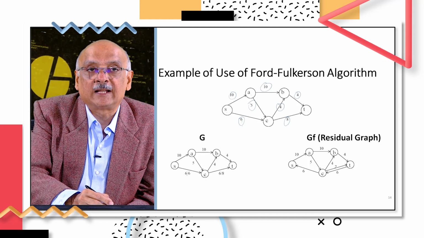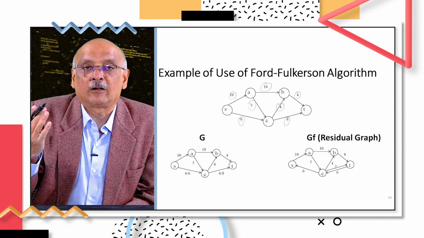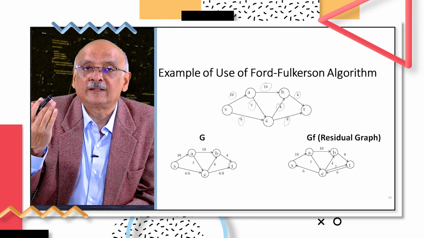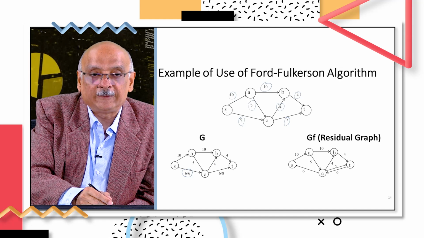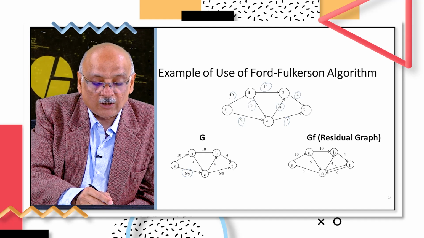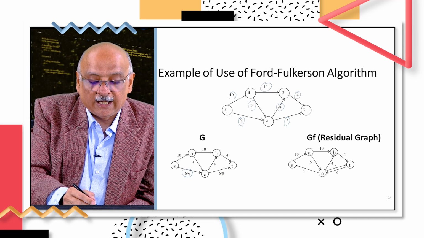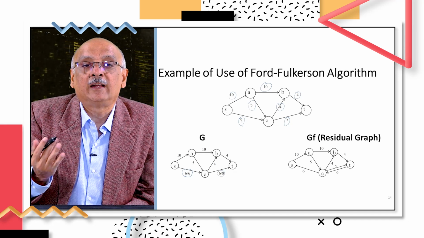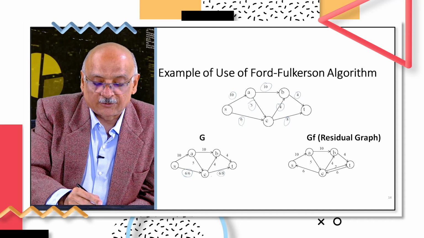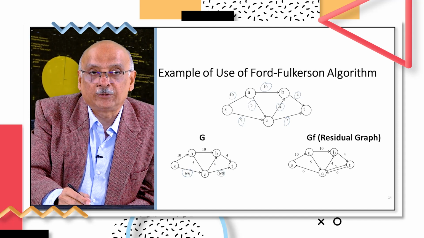That means this path can be allowed to carry only a capacity of 6. So, 6 out of 6 is going to be used, and only 6 capacity will be used out of the 8 capacity. So, 6 of the 8 capacity has been used from C to T.